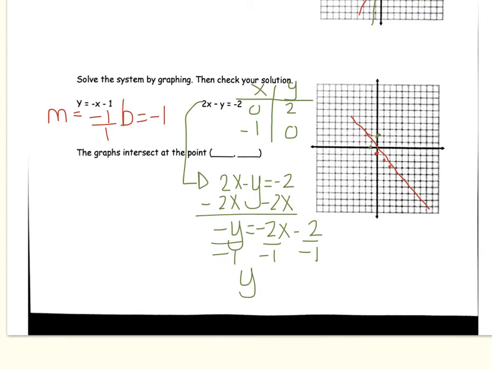And I will have y equals 2x plus 2. Well, that makes sense. So my y-intercept is 2, and my slope is 2 over 1. Well, that looks perfect for what I have here. And then I'm going to connect these.